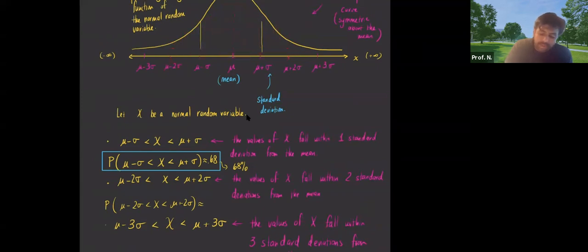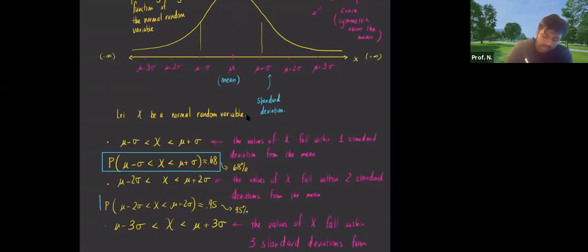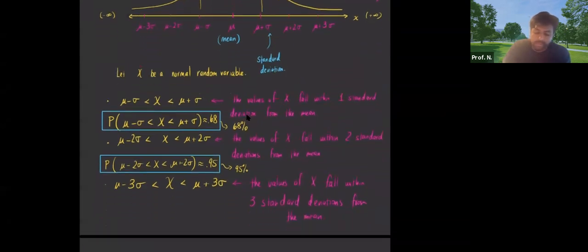And that happens 95% of the time, 0.95. So 95% of the time, this random variable will have a value within 2 standard deviations from the mean.